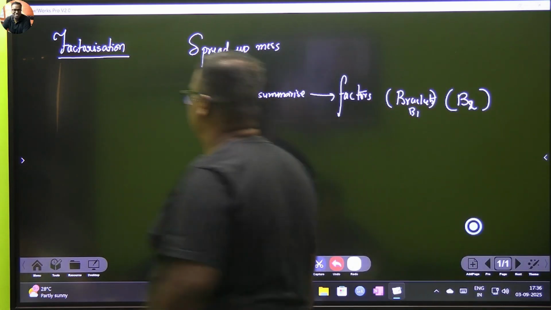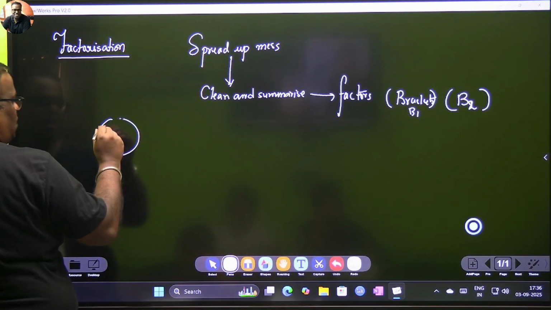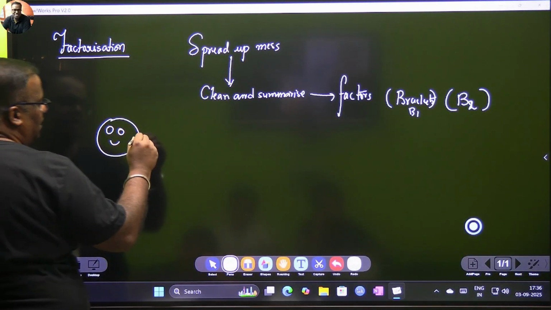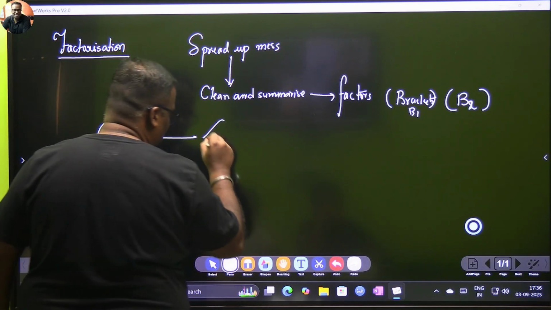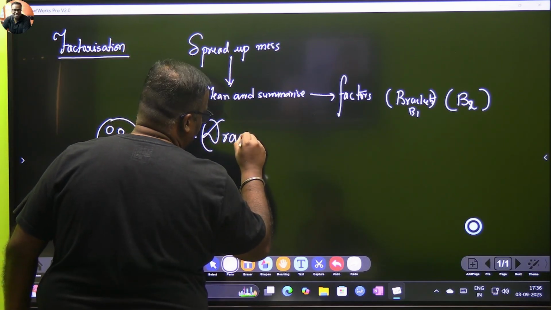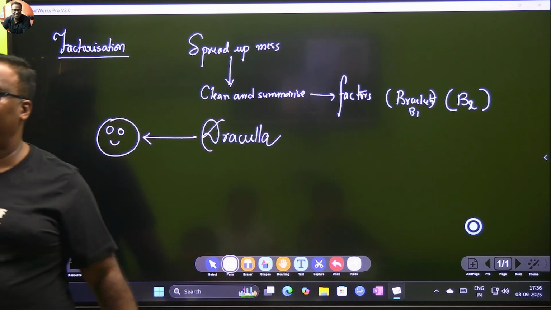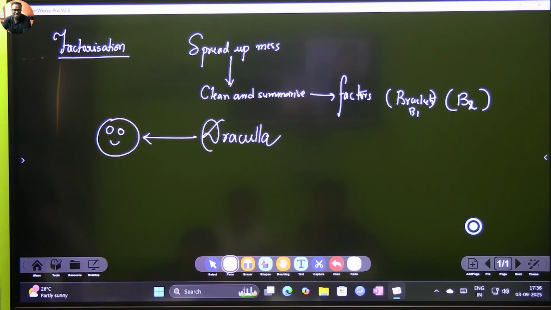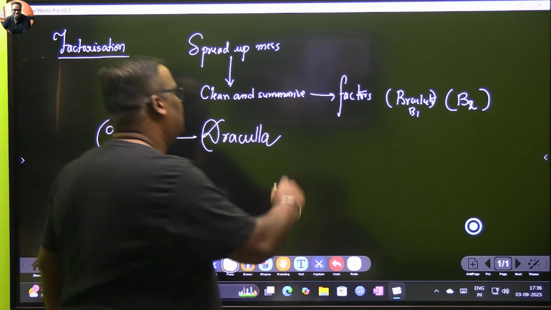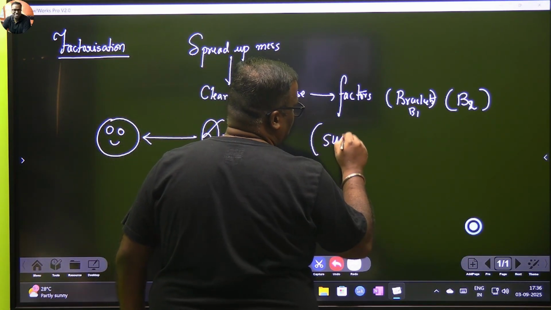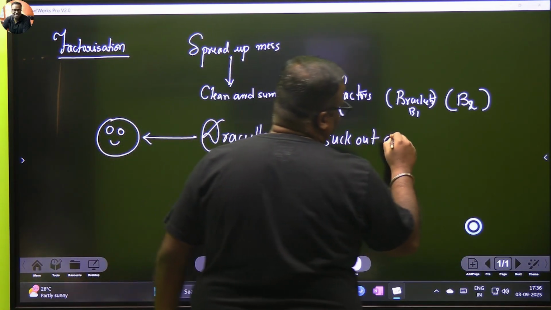While doing this job, you have to have one more mentality. Think of yourself as Dracula. Dracula sucks blood, and you also have to continuously suck out common factors.